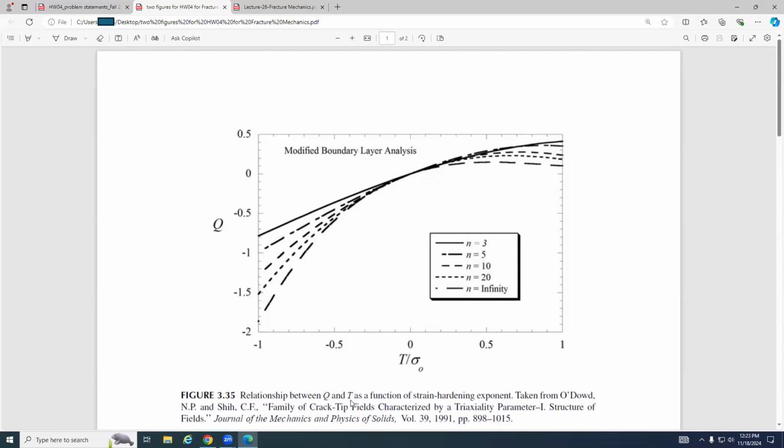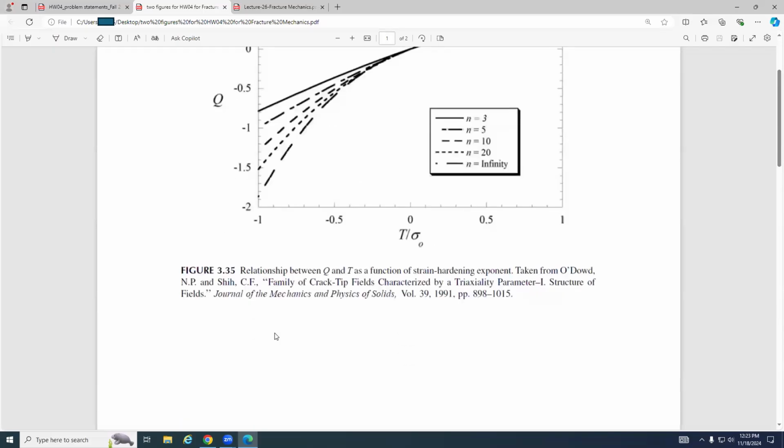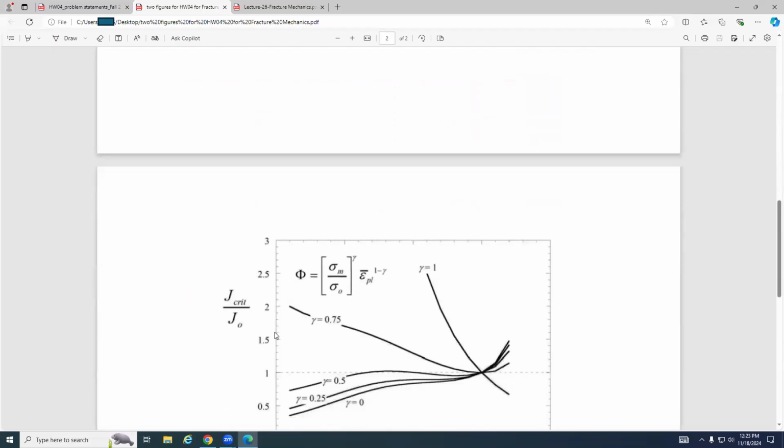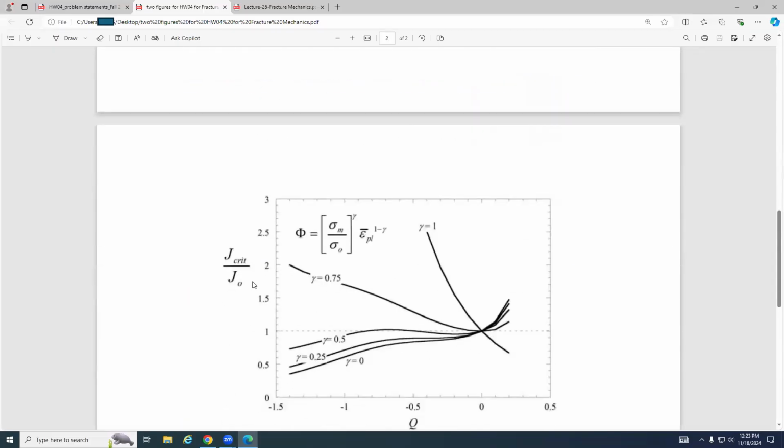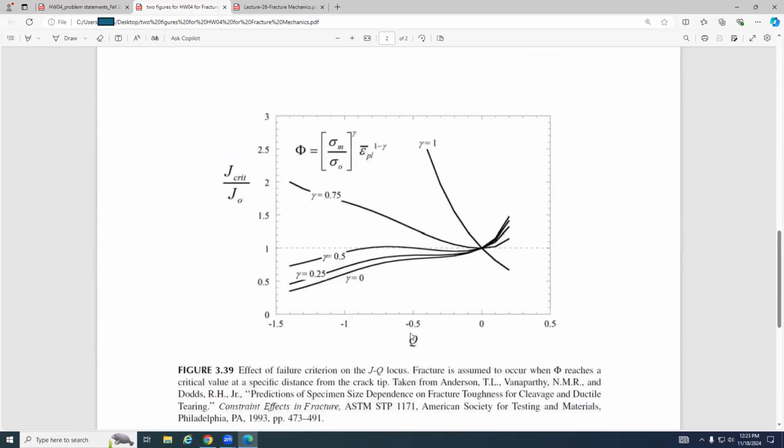This is Q equals 0.275, and then we look at the JQ curve. The JQ curve is this one. This is J, and you have Q. For our case Q equals negative 0.275, or the 3 here.